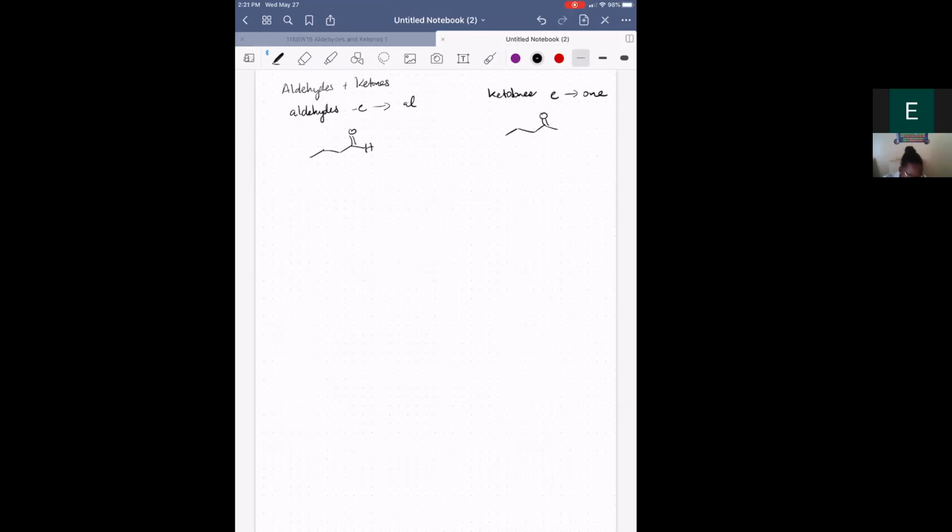So now we have carbon 1, 2, 3, 4. We're starting to number our substituent of priority. In this case, it'll be our aldehyde. Since we have 4 carbons, it would be a butane. Butanal would be the name of that molecule, right?